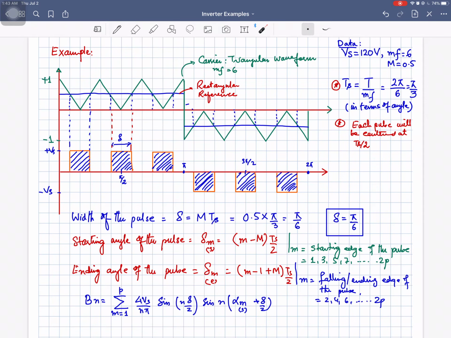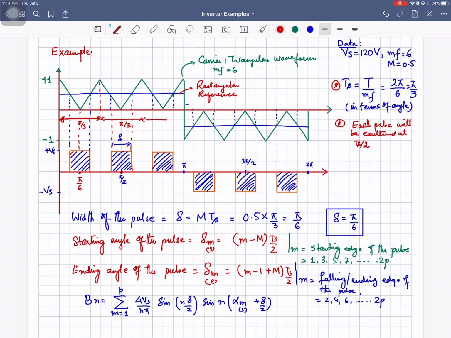Okay, and each pulse will be centered at the center of that time period. So if I mark that point over here, this is the interval for one pulse, and that is equal to pi by 3. Sorry, this is the switching interval, not the interval of the pulse. The pulse will be centered at that interval, and the center point for this first one is pi by 6. Similarly, the second switching interval will also be of width pi by 3, and this is centered at pi by 2.